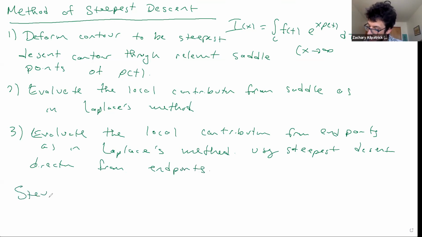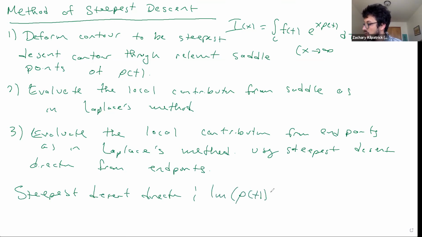And the key idea here, in order to get the steepest descent direction, is that you want the imaginary part of rho of t to be equal to the imaginary part of rho of, let's say, t0, where this is your endpoint or saddle.